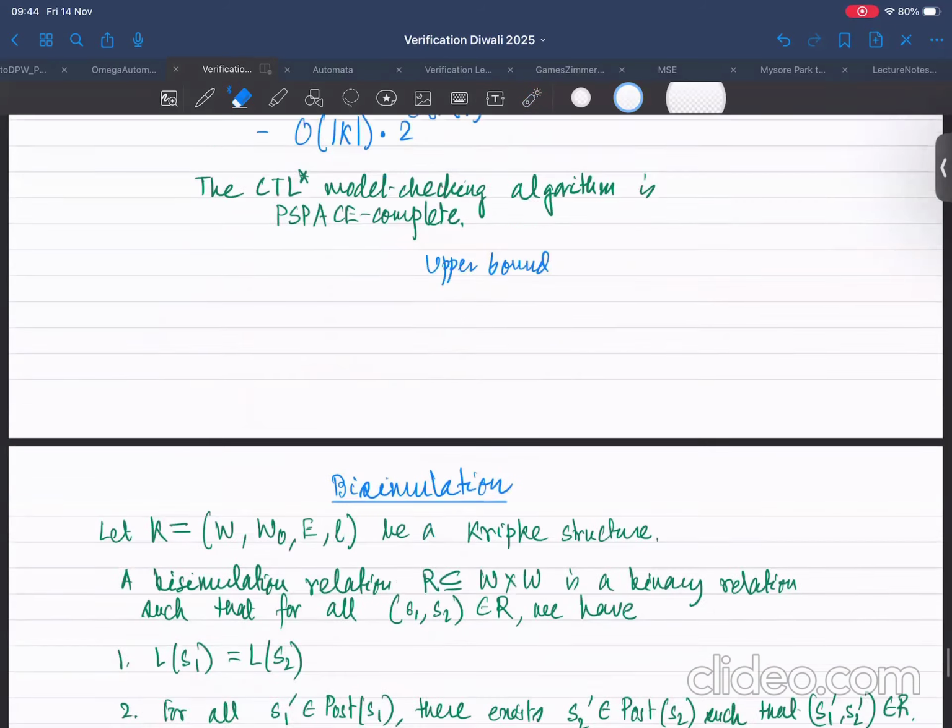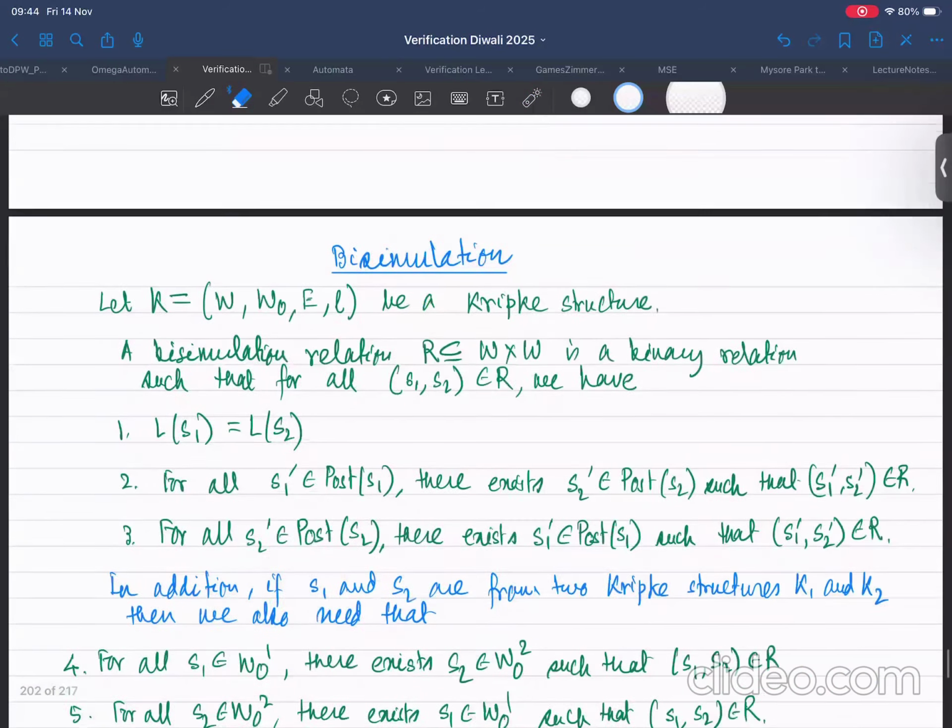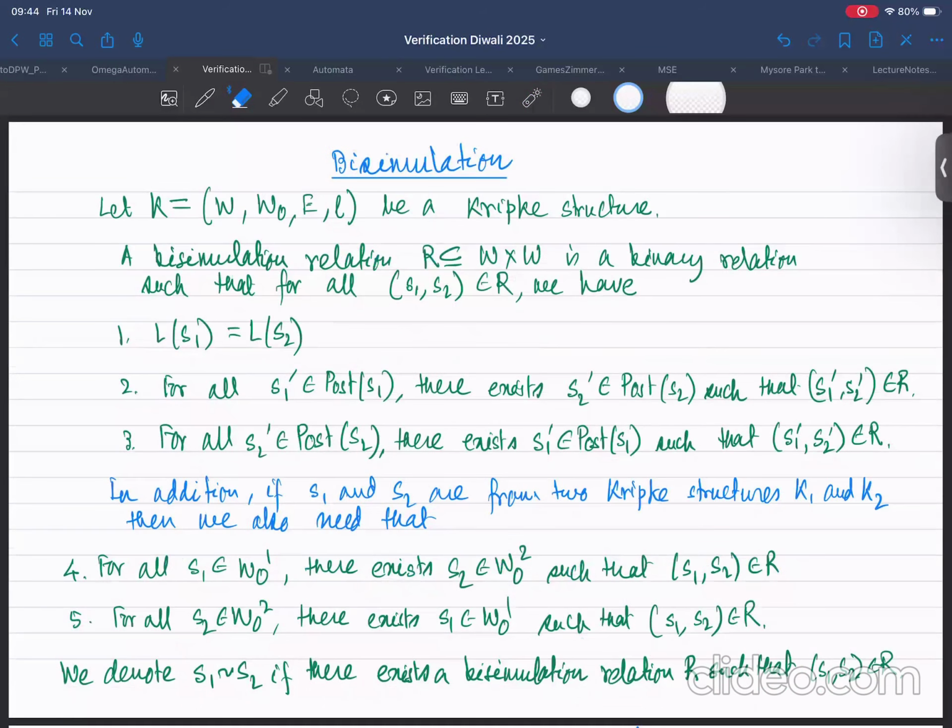Good. So today we are going to talk about bisimulation. What is the idea of bisimulation? You have studied language equivalence, or trace equivalence in the case of two Kripke structures. These talk about some kind of equivalence between two systems.